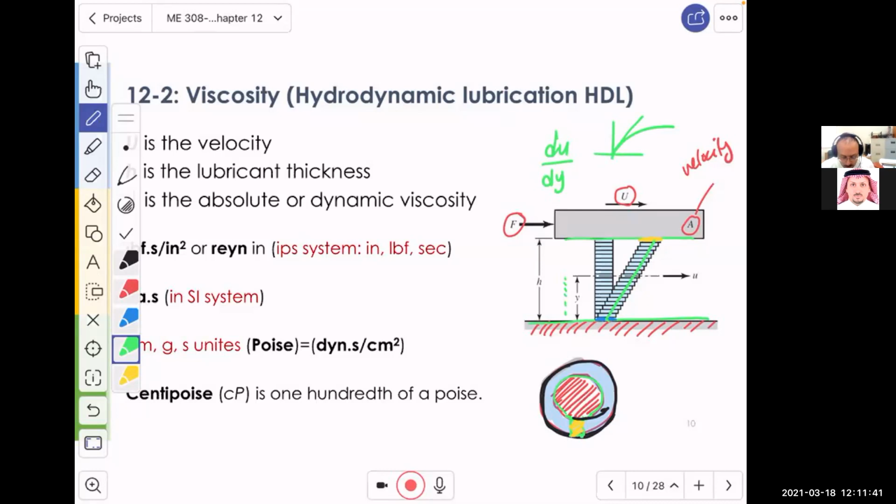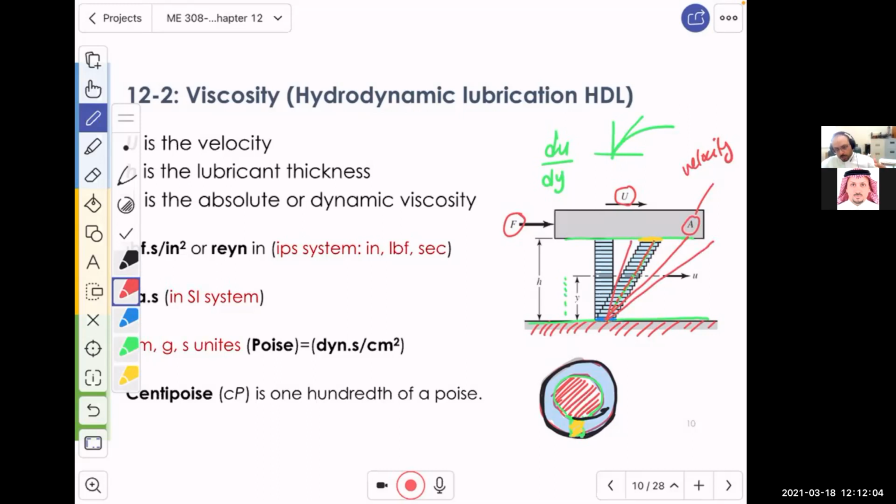And somebody might ask, why would the fluid be sheared off with this line? Why not this line? Why not that line? Why not? So the idea here is very simple.